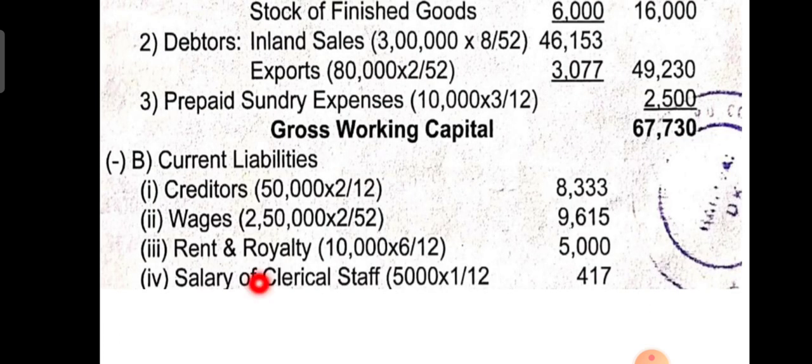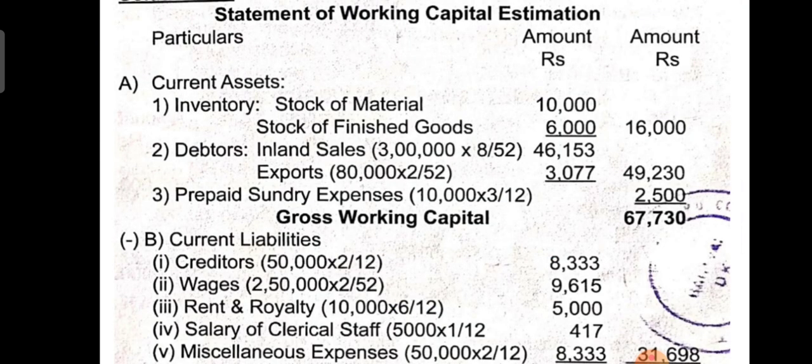Then salary of clerical staff: the period allowed for payment is 1 month, 5,000 into 1 by 12, which is 417. Next, miscellaneous expenditure: outstanding for 2 months, so 50,000 into 2 by 12, which is 8,333. So total current liabilities is 31,698. We deduct it from the total current assets, that means gross working capital.